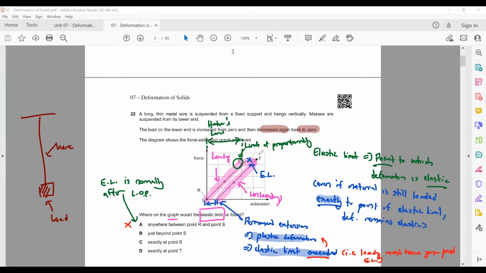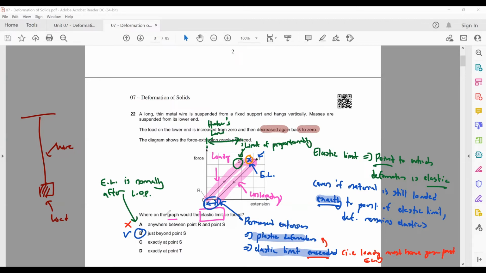You are loading it all the way to T. If you load it all the way to T, that means you've gone past the elastic limit. So if you remove the load, obviously you're going to get some permanent extension here. So the answer is B. This is actually the point where you're supposed to get the elastic limit. Because if it's specifically here, you load it all the way to T, that means you've already gone past the elastic limit. That would explain the graph that you see here.